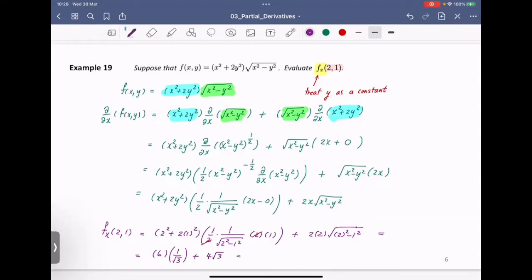And then that is 6 times square root 3 over 3 plus 4 times square root 3, and that is 6 square root 3. Is that right? So let me look at my notes today. Am I right? That is not my answer. That is not 6.